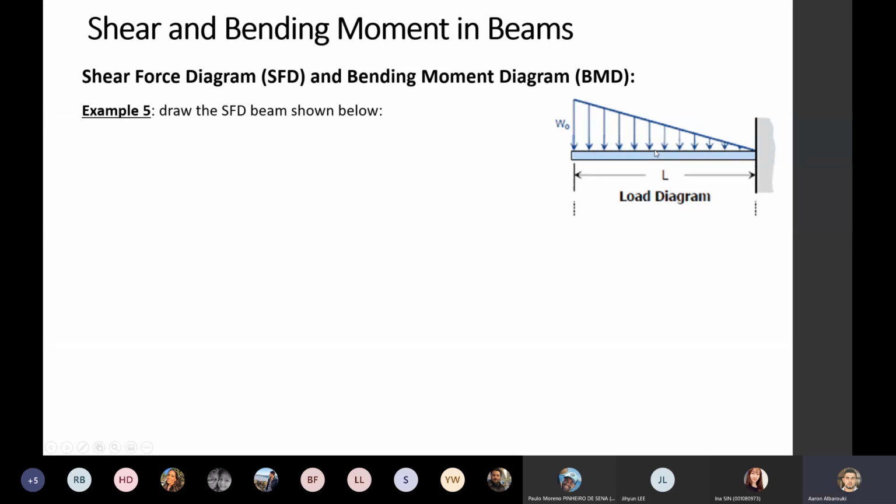Full stop. That's question one. What is the shape? It's a curve, because that's a line on a slope, that means the curve is a parabola, second degree curve, quadratic equation, if you'd like to know the details of that. So the first question, what is the shape? It's a curve for the shear force diagram. Why? Because I had a line with a slope.